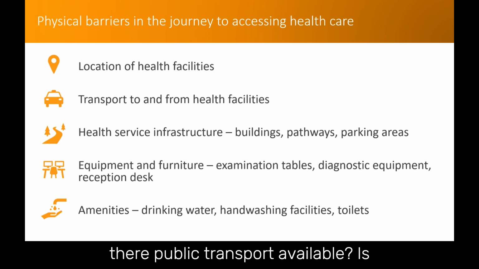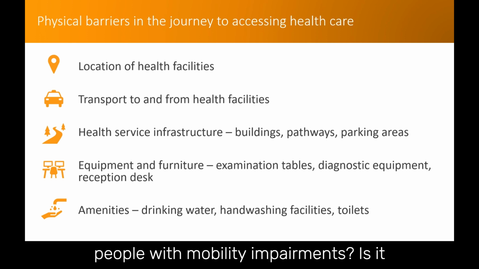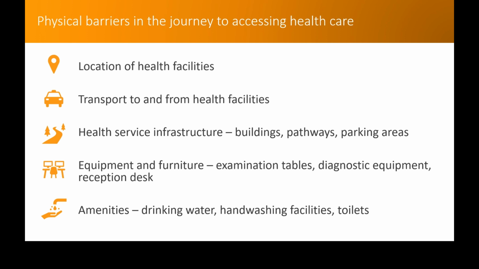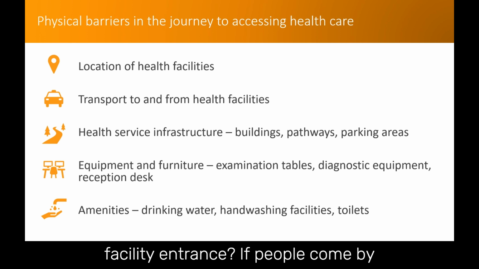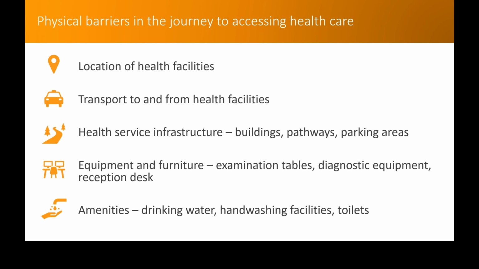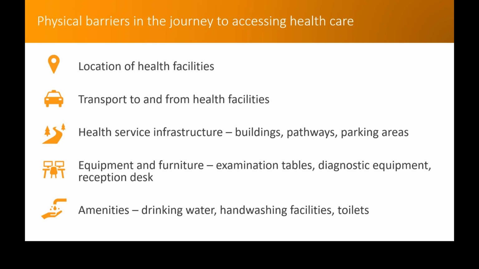Is there public transport available? Is this transport physically accessible for people with mobility impairments? Is it affordable? Is it easy to get from public transport to the health facility entrance? If people come by car or motorbike, is there parking available close to the entrance?